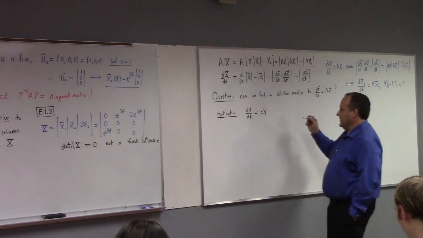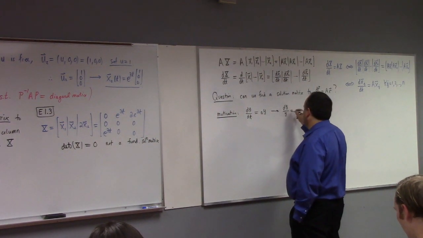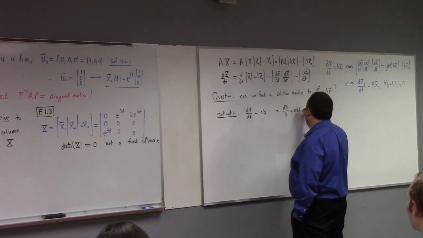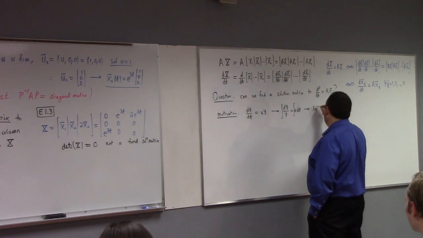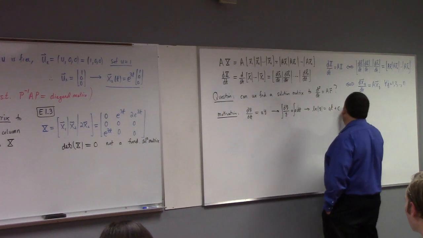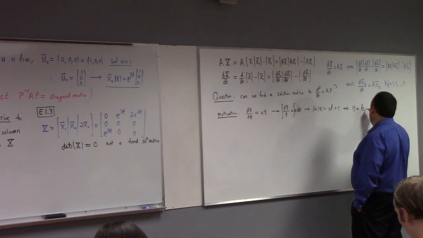I think we've done it already, right? We go dy over y is equal to a dt, and then you integrate that. That gives us natural log of the absolute value of y is equal to at plus a constant, which tells me that y is equal to some constant times e to the at.